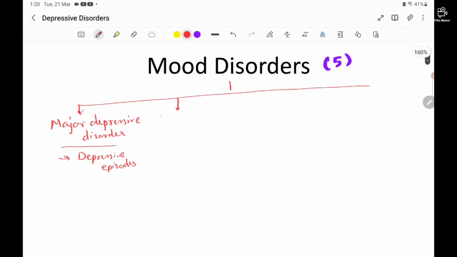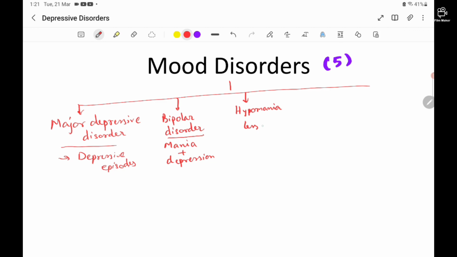Then we have bipolar disorder, which is basically mania complemented with depression. Then we have hypomania, which is similar to mania, but the intensity is less severe.